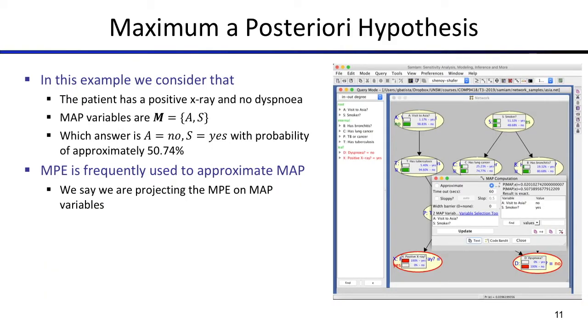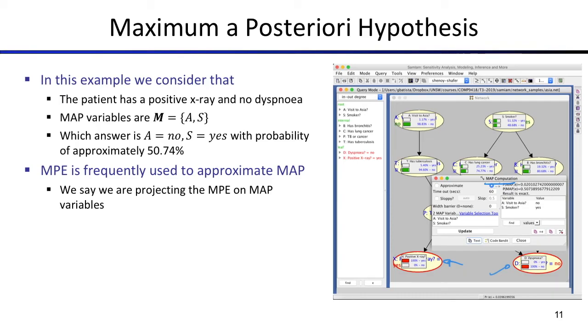We can use SamIam to compute MAP queries too. There is one part in the software interface where we can make these MAP computations, and it's actually very simple. We first set the evidence in the graph, and we tell the software what the MAP variables are.